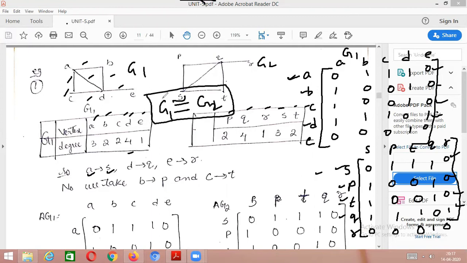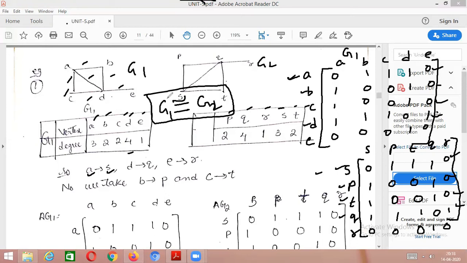So when you are given any question, first you check the number of vertices in the first graph and the number of vertices in the second graph, then the number of edges in the first graph and the number of edges in the second graph.